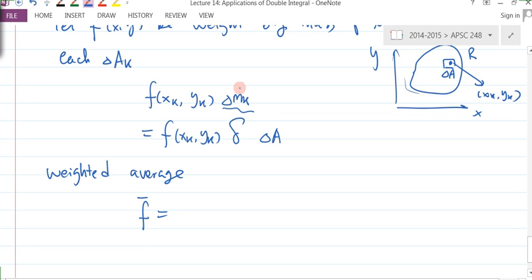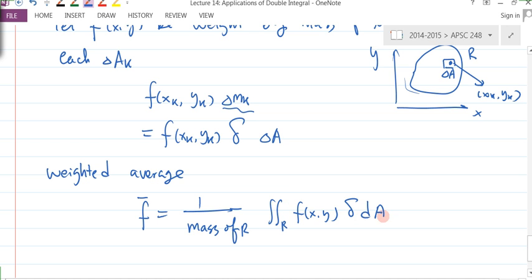On the numerator, you're adding n number of expressions like this. On the denominator, you add delta m1 plus delta m2 and so on, because this is a weight. So basically, you get the mass of R at the bottom, and at the top, you get this double integral.